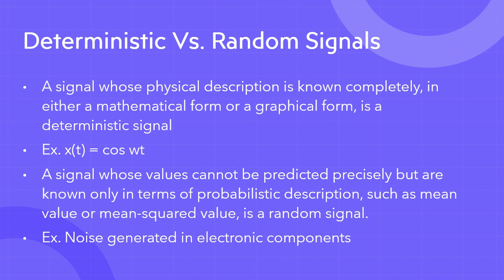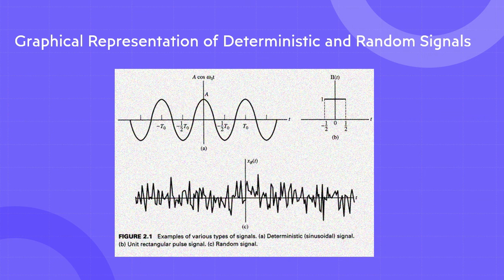Let me show you the graphical representation of the same, so we can graphically show the deterministic and random signals like in the image that is shown here. Image A, you can see, is a cosine signal, and we can represent this cos signal with its mathematical formula, which means it is a deterministic signal.